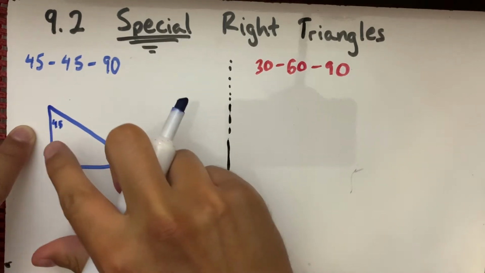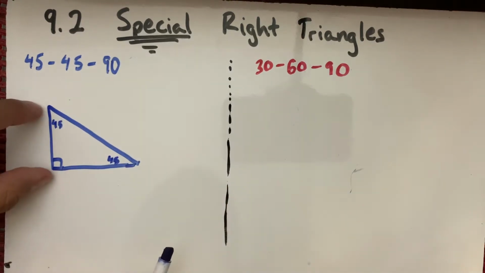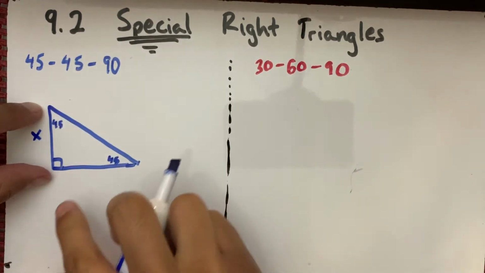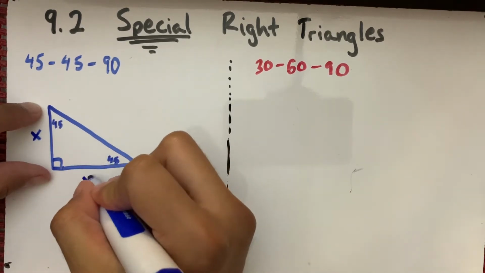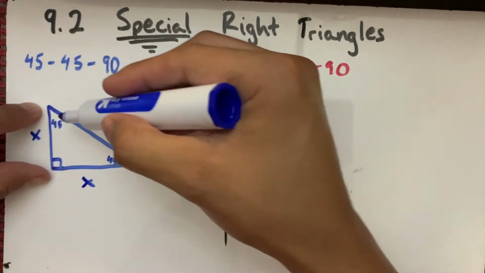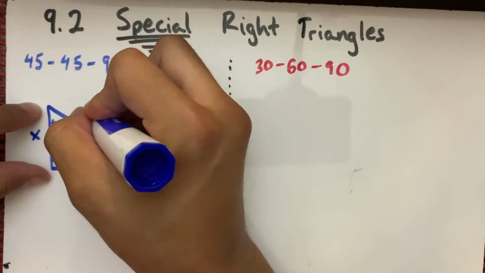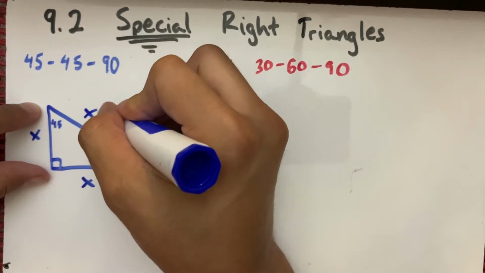If this happens, then this length right here would be x, and this length right here would also be x. And the cool thing about this is that the hypotenuse, no matter what, is going to be x times the square root of 2.